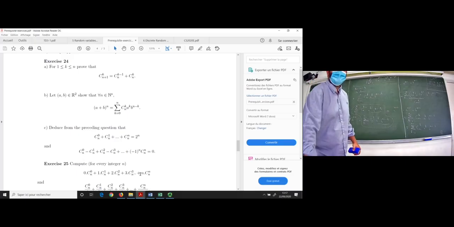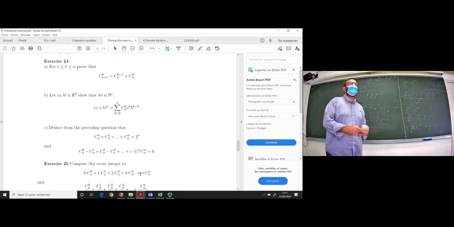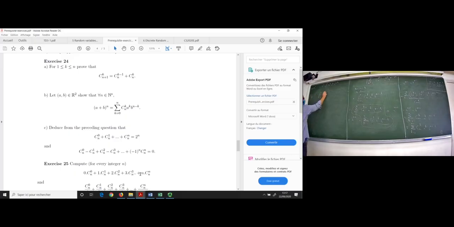If I write it compactly using the sum notation, what I want to prove is that the sum from k equal to 0 to n of C(n,k) is equal to 2 to the power n. It's exactly what I want you to prove in the statement here. I write it using summation here.